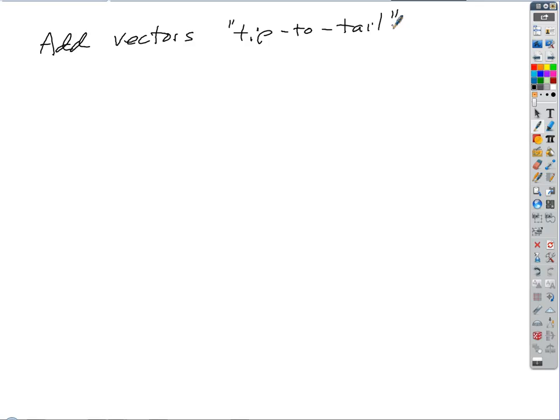So for example, let's call this vector A, and let's say that this is vector B. If I want to add up vector A plus vector B, what do I have to do with vector B? Good, I've gotta translate it so that it goes from here.